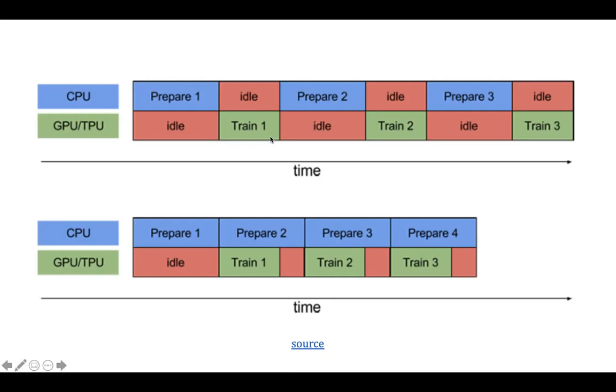And as you can see, there are a lot of waiting times. It would be good to create a process that could prepare the data while the model is training in parallel. So for example, you prepare the first batch, you feed it to the model, and while the model is training, you prepare the next batch.